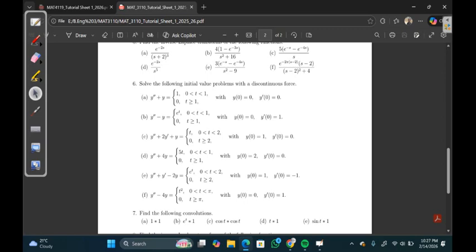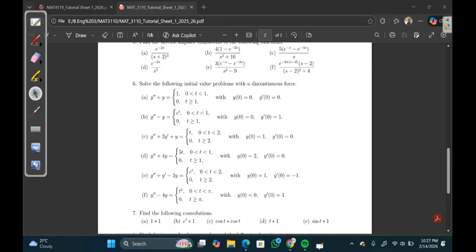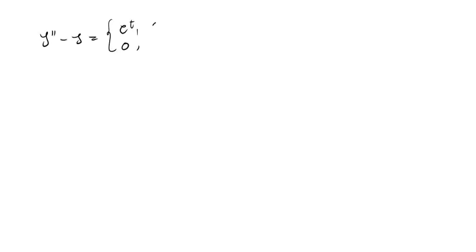Okay, so question 6b, as our colleague is requesting, is y prime prime minus y is equal to e to the t, 0 here, then the interval is 1 here, t greater than or equal to 1.